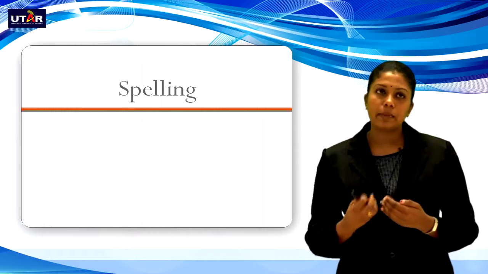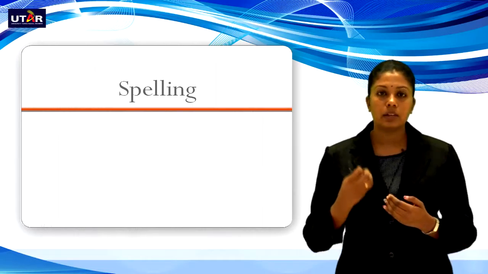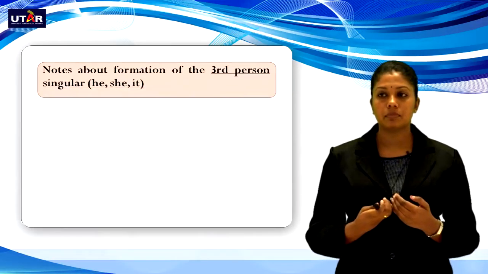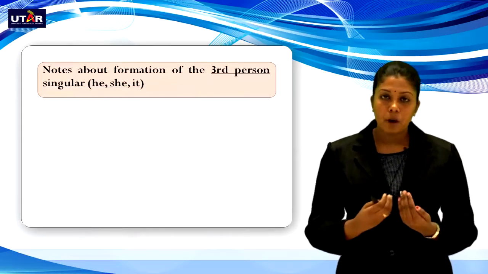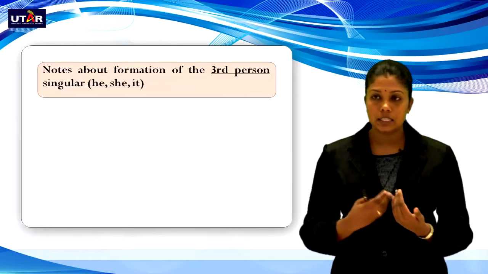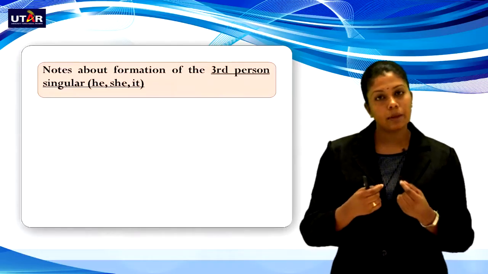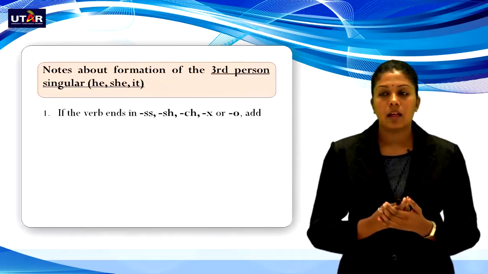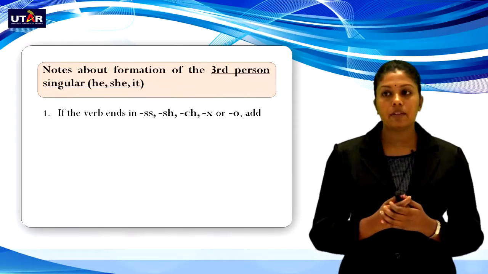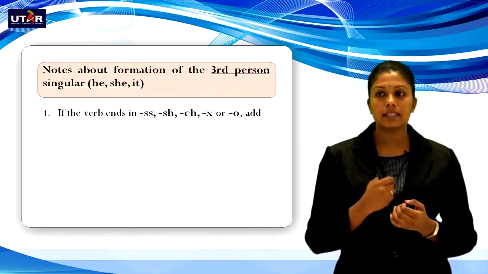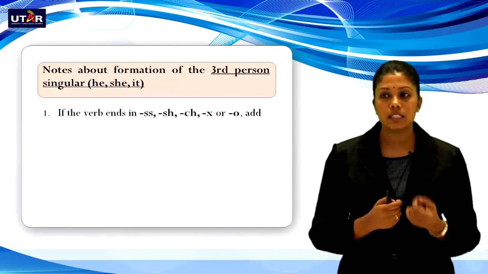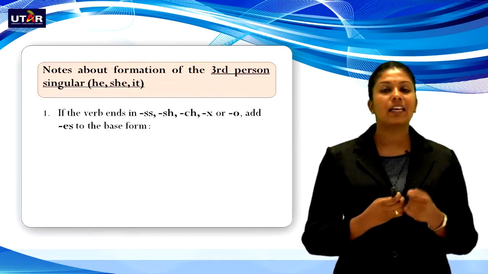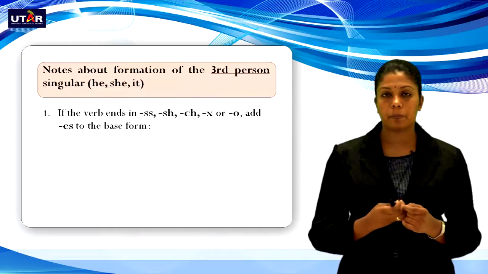Another thing that is important for present simple is the spelling of the verbs. The formation for the third person singular has a bit of variation in it. Let's look at the first one. If the verb ends in SS, SH, CH, X or O, add ES to the base form.